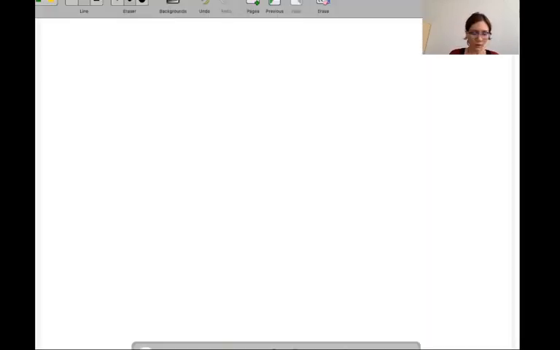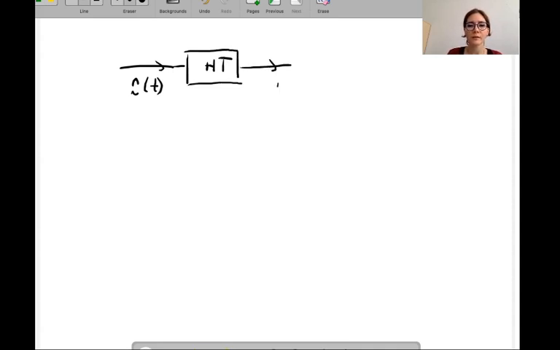What we know is that n hat is obtained from n of t by taking its Hilbert transform, by passing it through the Hilbert transformer LTI system. At the output we get the Hilbert transform process n hat of t. We know that this thing is wide-sense stationary. We assumed it to be ergodic, which also implies that it's wide-sense stationary.